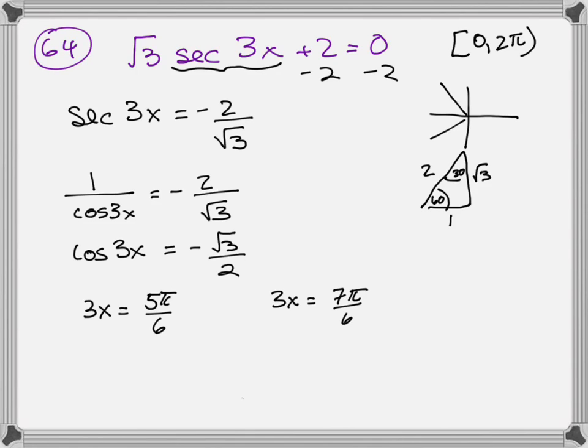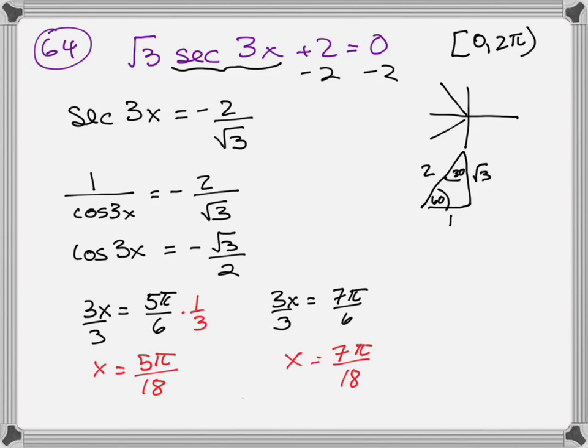Now we have to divide by 3 on both sides here, and when we divide by 3, that is the same as multiplying by 1/3, so x is equal to 5 pi over 18, and x here is equal to 7 pi over 18. Okay, so now we've got to find all the angles that are between 0 and 2 pi.